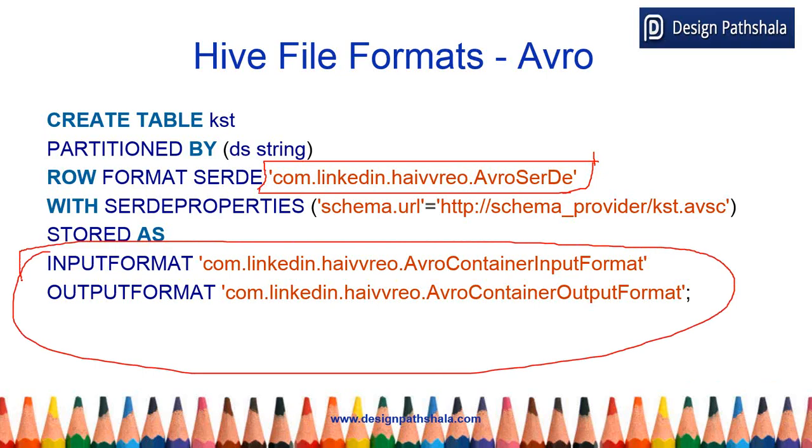This input and output format, I hope everyone understands now. These are the classes used in your record readers to produce key and value output to your mapper phase, or the output format used in your record writer to produce key and value output from your reducer phase.